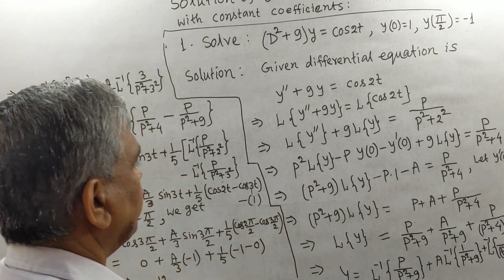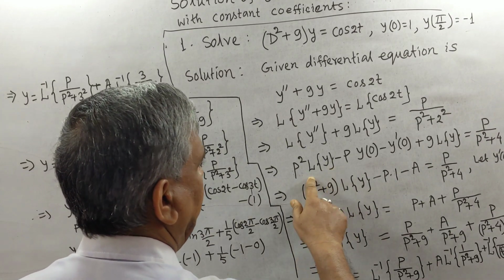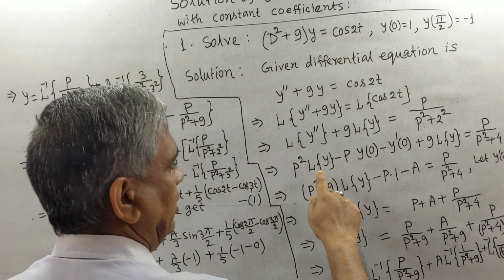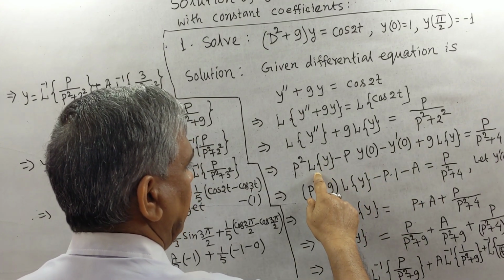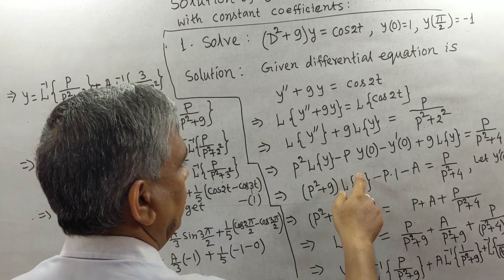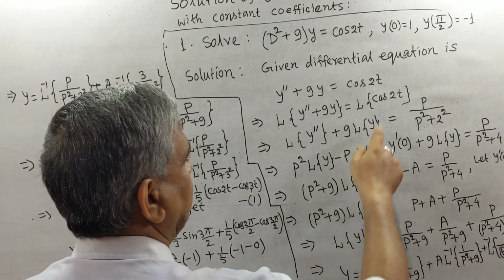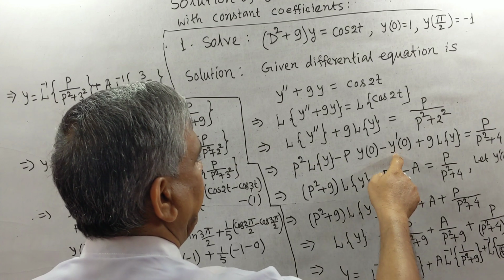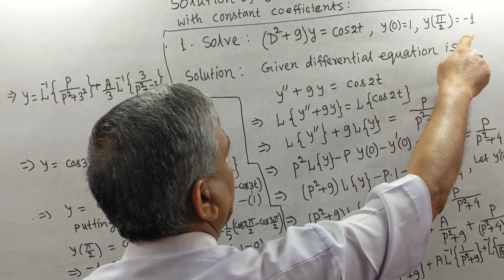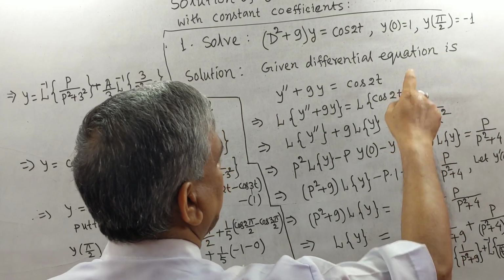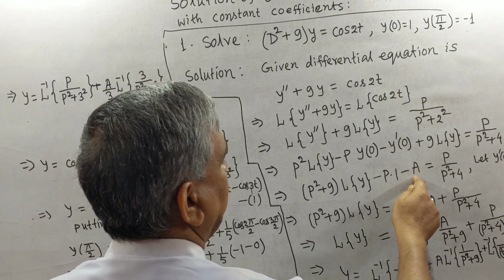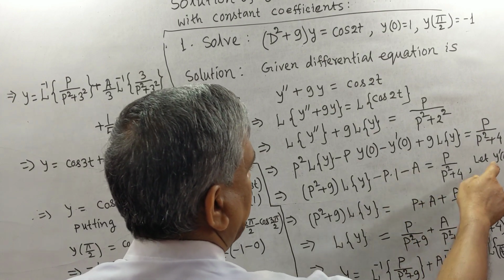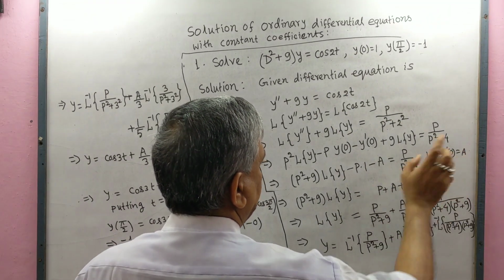Taking common from this and this term, p square plus 9, L[y] minus p, y(0) is 1, so into 1. y dash(0) is not given here, so let us consider y dash(0) equal to a.